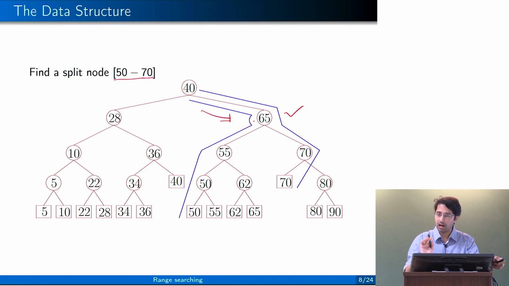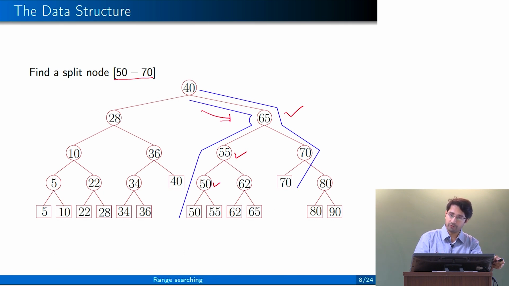Now, from the split node, I will start my journey and I will move left first, then I will move right. When moving left, what do I know? Moving left of a child, I will start here with 55, next I go to 50.